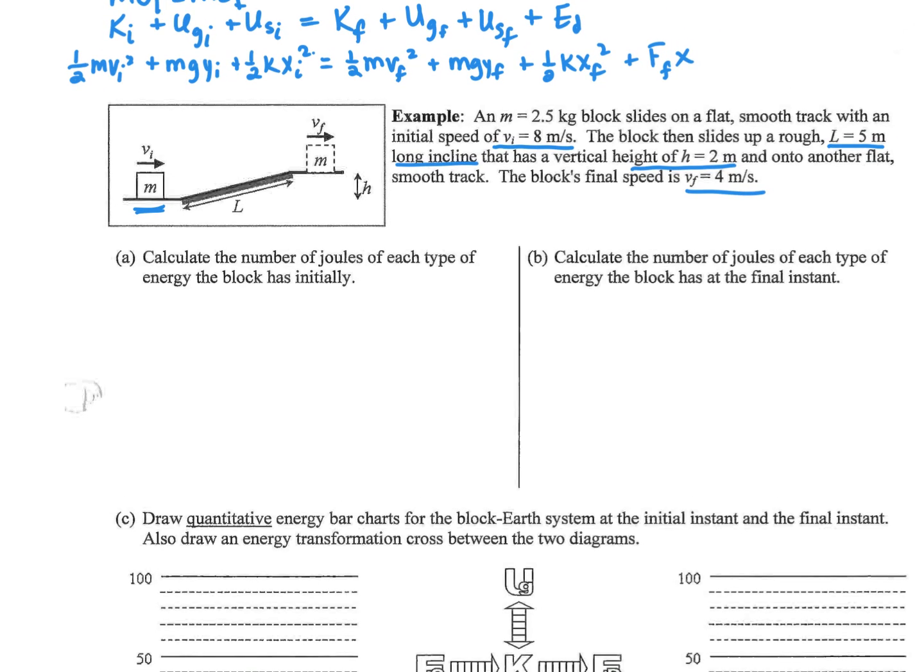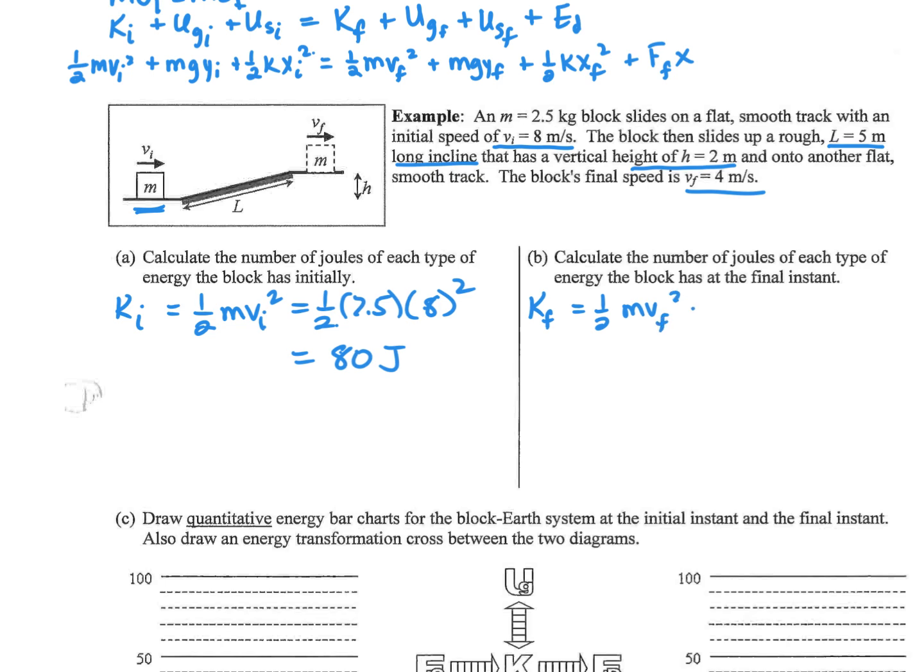So this is kinetic energy initial, 1/2 m v initial squared. That's 1/2 times 2.5 times 8 squared. We end up with 80 joules of energy. What does it have finally? Well, we know it has final kinetic energy, so that would be 1/2 m v final squared.